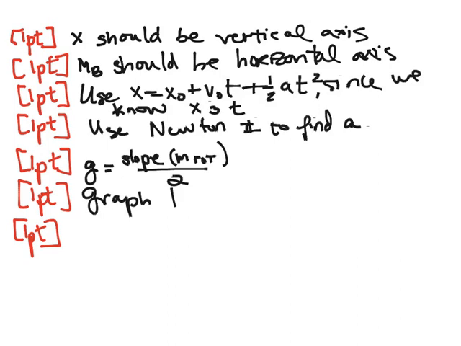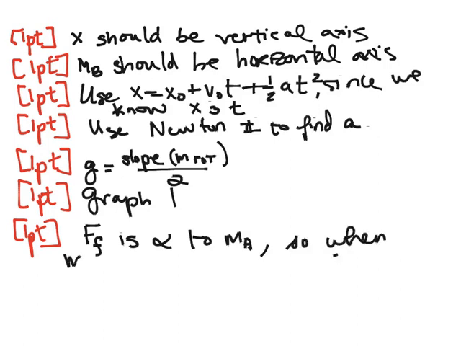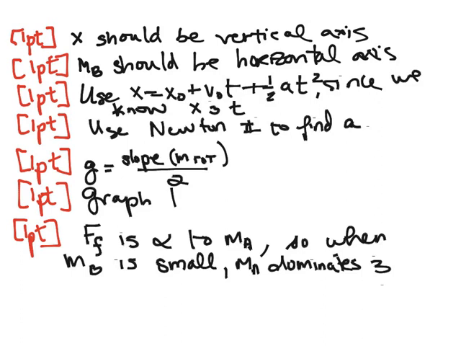And then there's 1 point for explaining that friction is proportional to the mass in tray A. So when MB is small, MA dominates, and the line is far off.